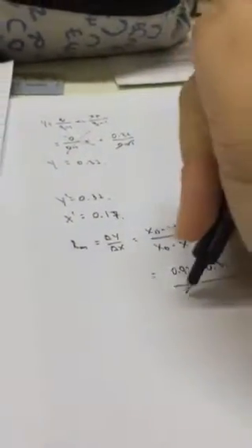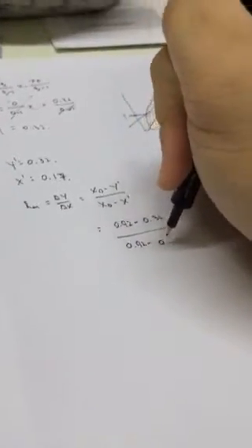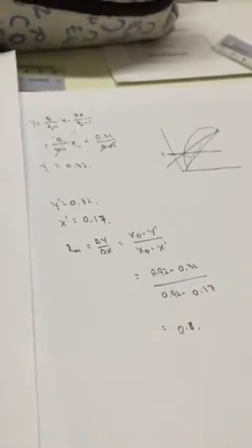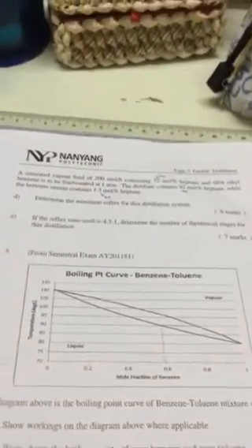Putting in the numbers: 0.92 minus 0.32, over 0.92 minus 0.17. So your minimum reflux ratio is 0.8. Hope that helps. We're going to discuss question 3E, where we're going to do the whole distillation question.